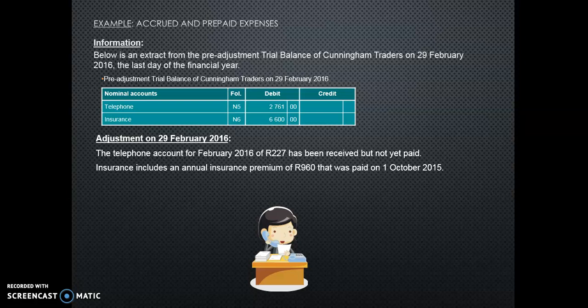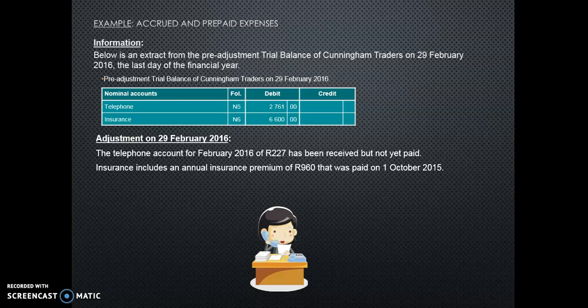So this is your pre-adjustment trial balance on the last day of the year. So you're going to adjust the accounts now. You're going to say, okay, telephone, up till this stage I've paid 2,761, and insurance I've paid 6,600. But we must now adjust or update these amounts. Why?